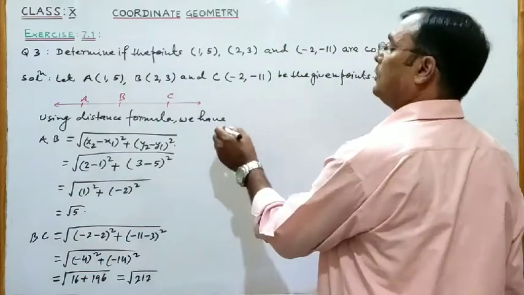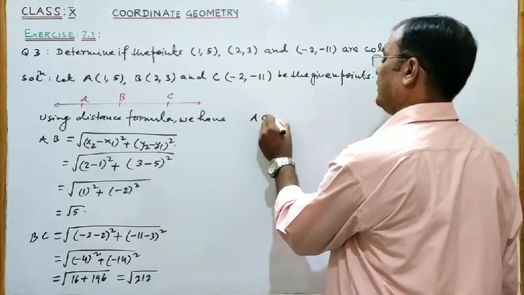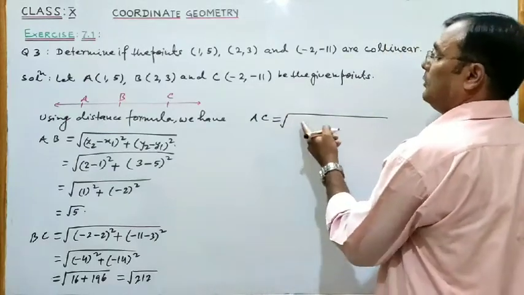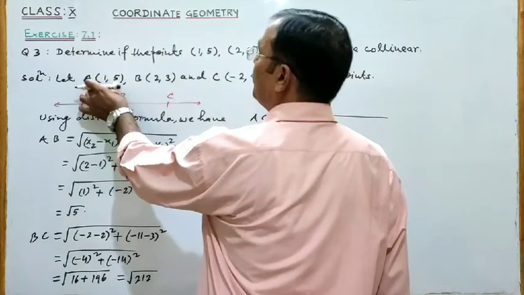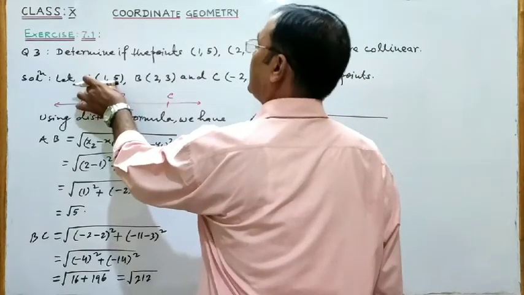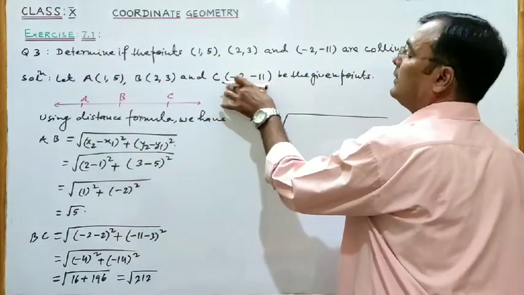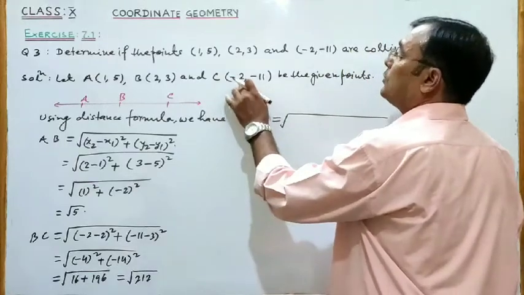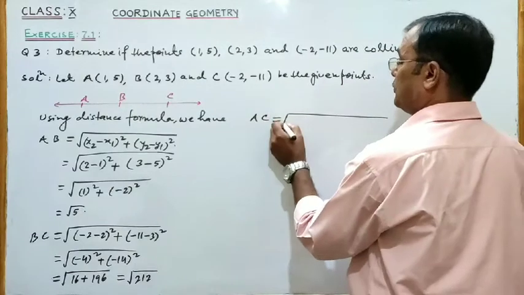Now let us find out AC. For calculation of AC, this point A (1, 5) is x1, y1 and C (-2, -11) is x2, y2. So x2 is minus 2, x1 is plus 1.